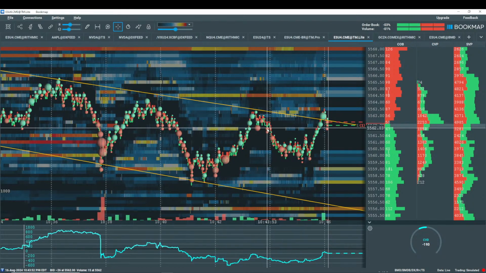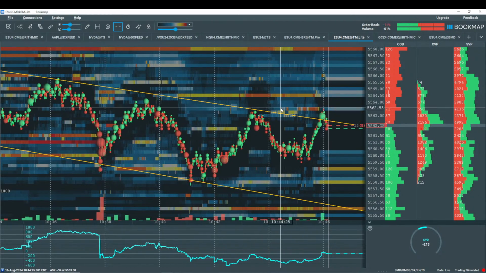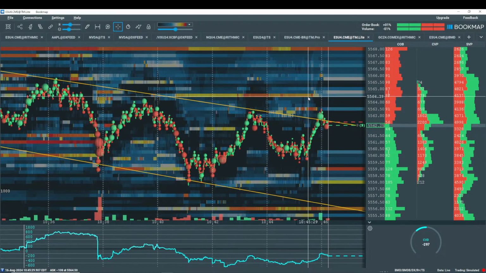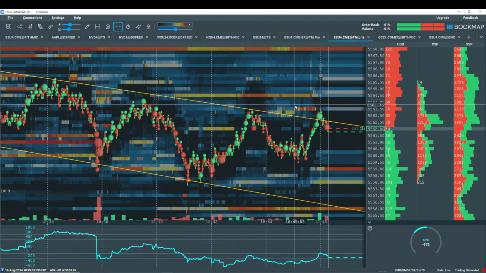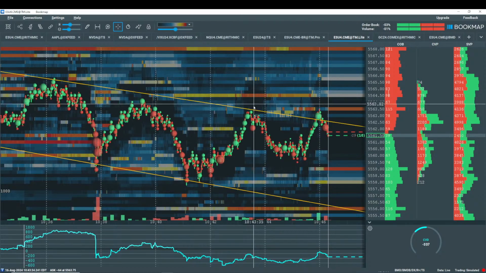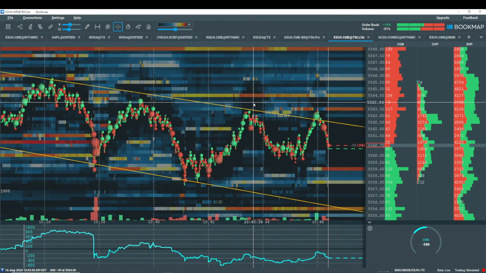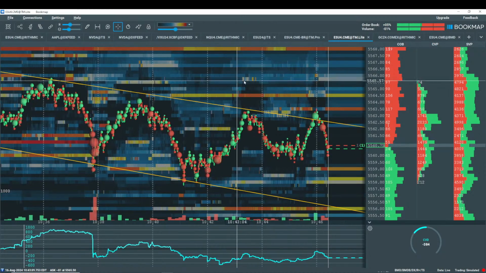Then I took either a small loss or a scratch. Probably a small loss would be it. Or if my stop was up here, I'd still be in it.